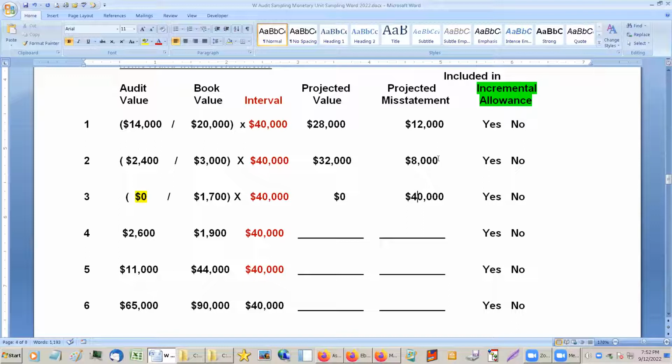Okay, number 5. No, I'm sorry, number 4. What's unusual about number 4? The audit value is higher than the book value. Yep. So this is higher than this. We ignore it.